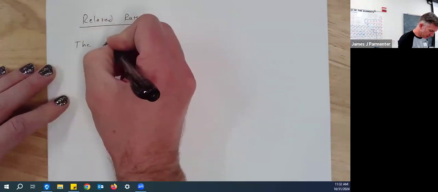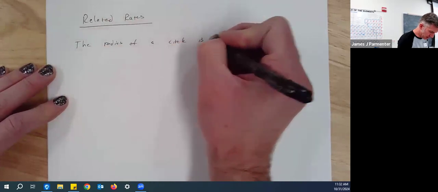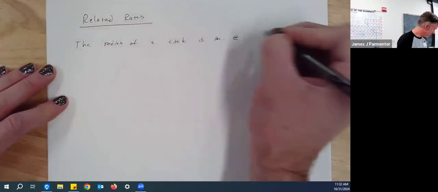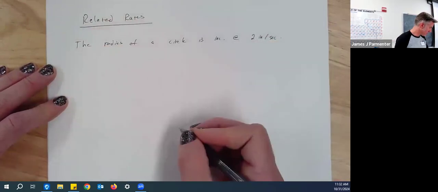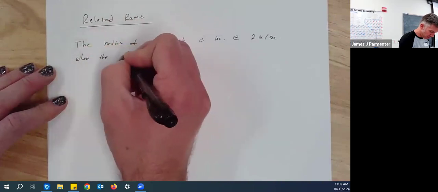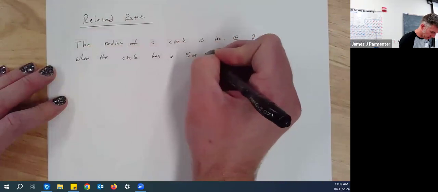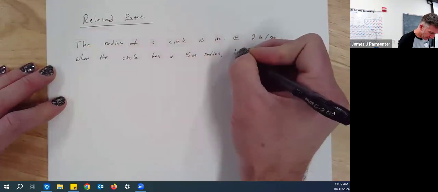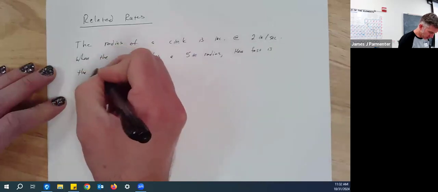The radius of a circle is increasing at a rate of 2 inches per second. When the circle has a 5-inch radius, how fast is the area changing?